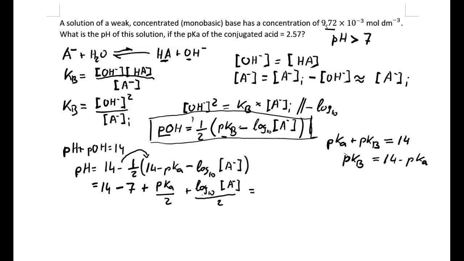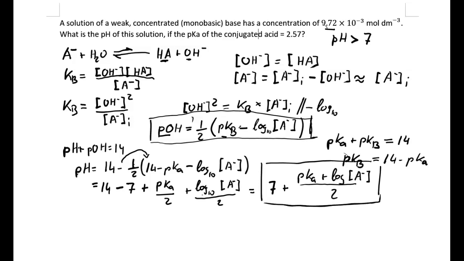Or I can write this a little bit nicer. So the pH is 7 plus the pKa plus the log of the base, divided by 2. So that's a nice equation that I can use here for the pH in this case.